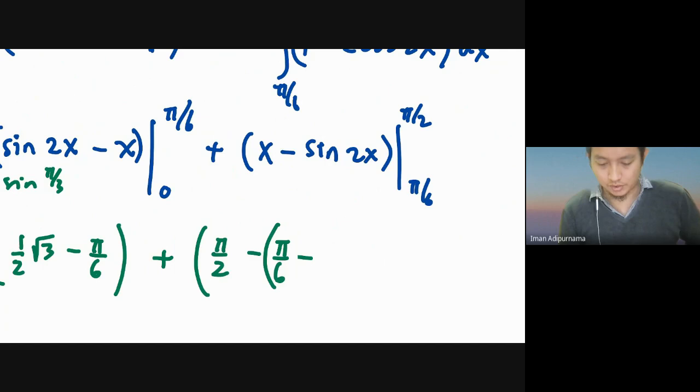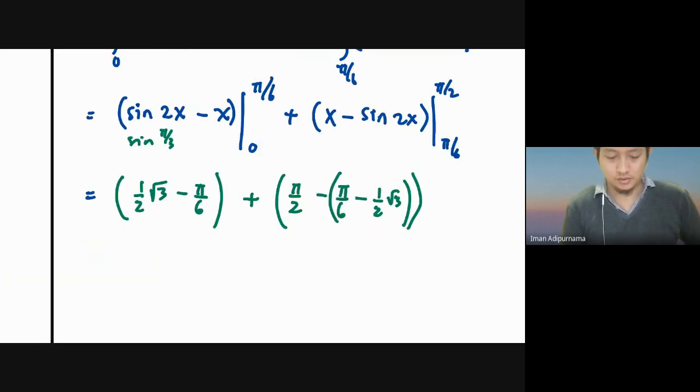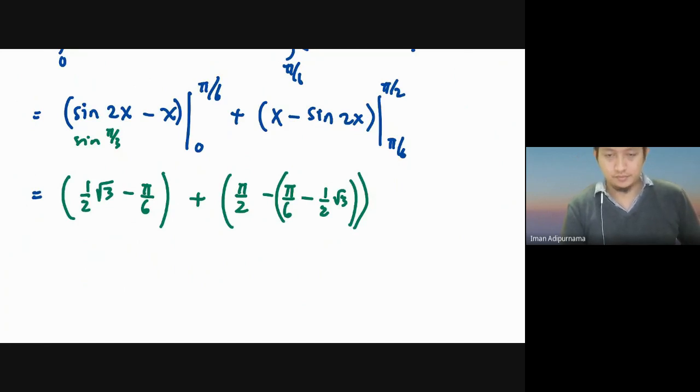To make it more clear. Okay. So this will be half square root of 3 minus pi over 3 plus pi over 2.